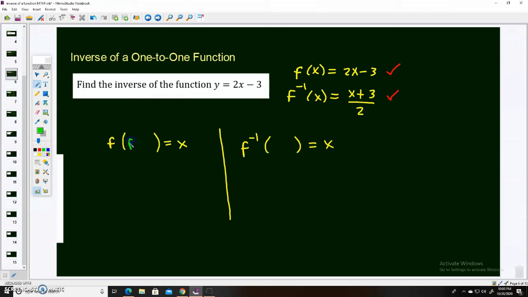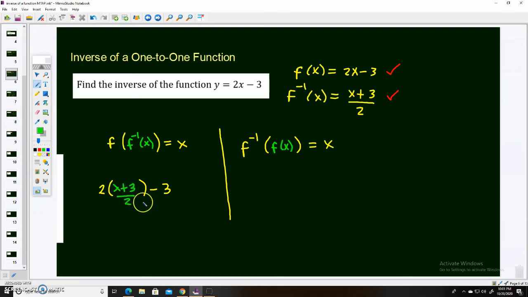So in here goes the inverse, and in here goes f of x. Let's do this side first. We have the given function, so the composition is the input function being the inverse. 2x minus 3 is the f of x, so we have 2, then minus 3, and inside goes the inverse, which is x plus 3 over 2.